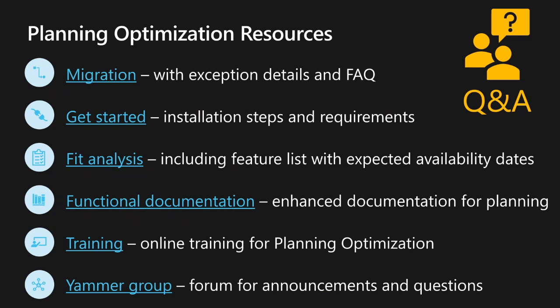There's also a question about other regions like South America, India, Japan, etc. So support is coming, and we will announce as we have more information. But yes, we are definitely looking into enabling planning optimization in all the same regions where Dynamics 365 for supply chain management is available.